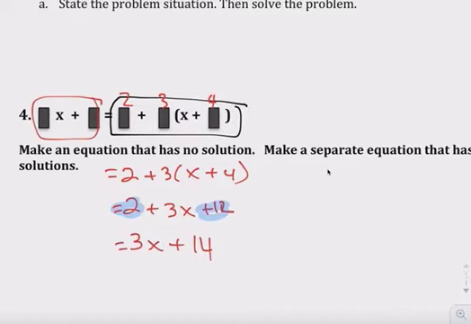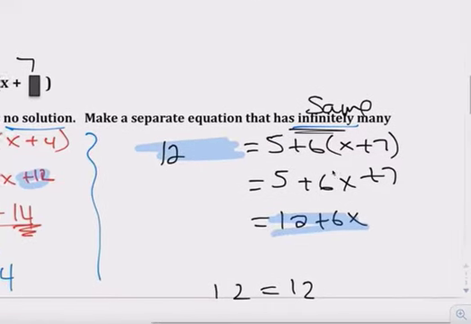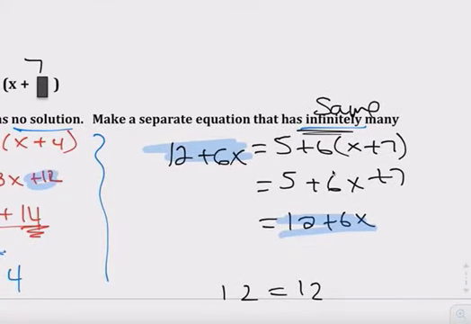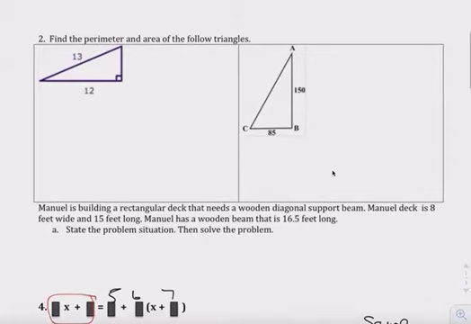So these need to be the same. Okay, so when you bring 12 plus 6x, 12 equals 12. Infinite solution.